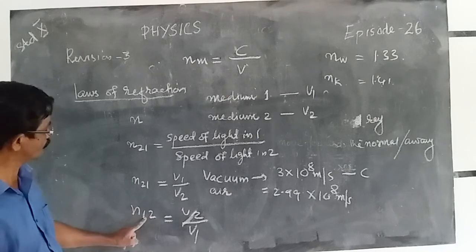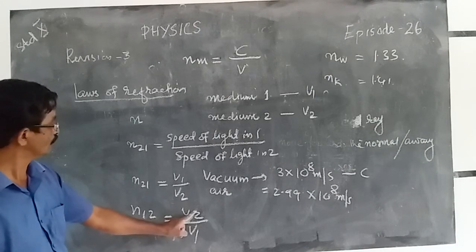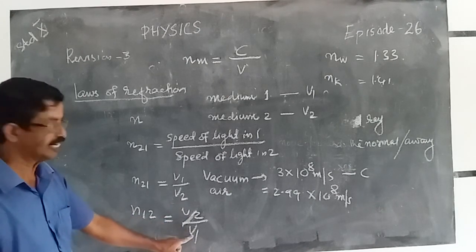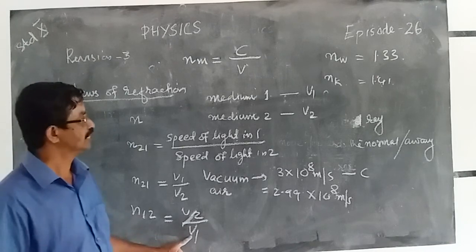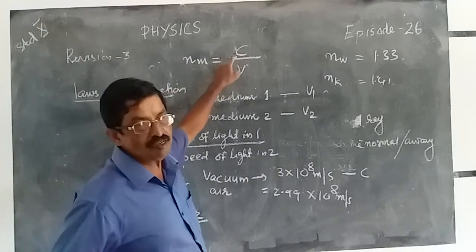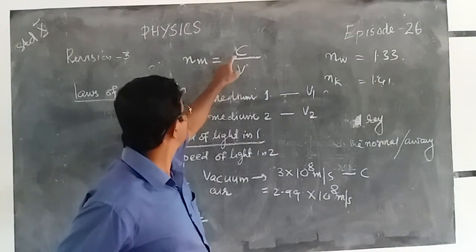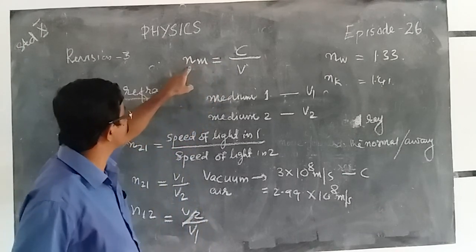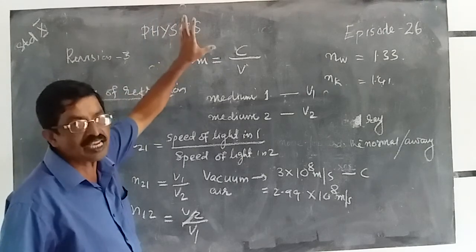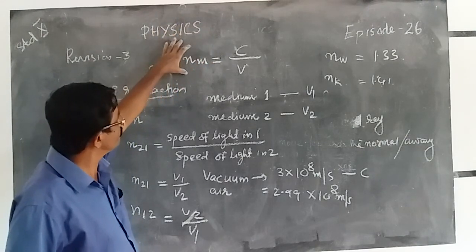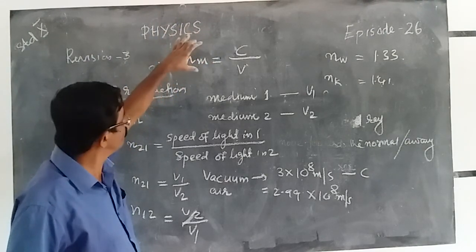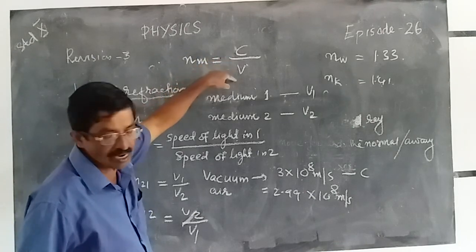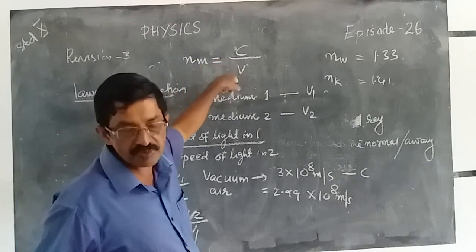If it is n12, then it is v2 by v1. When we consider refractive index with air or vacuum, it is called absolute refractive index, and we represent it with nm or simply n, equal to c by v.